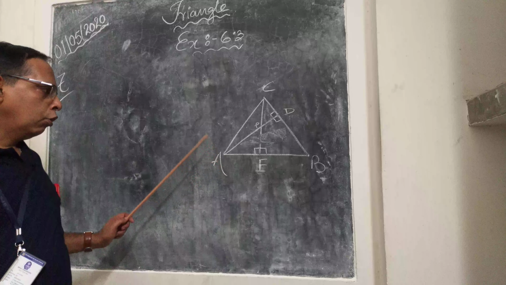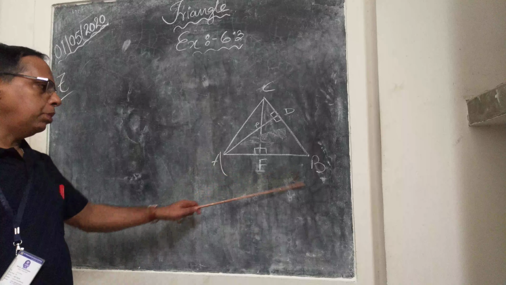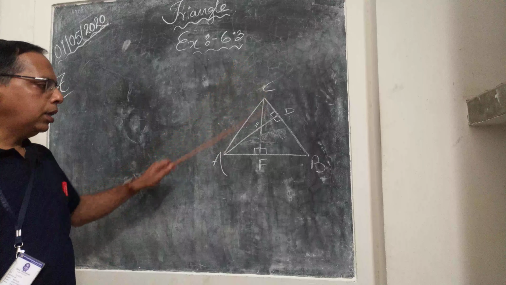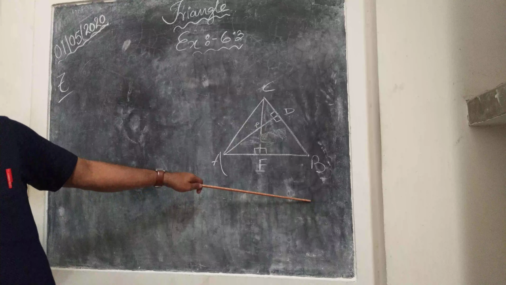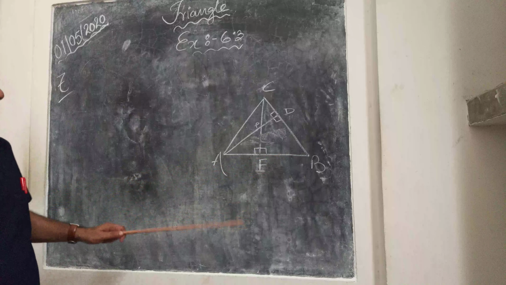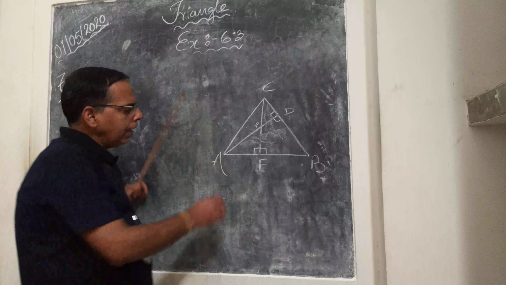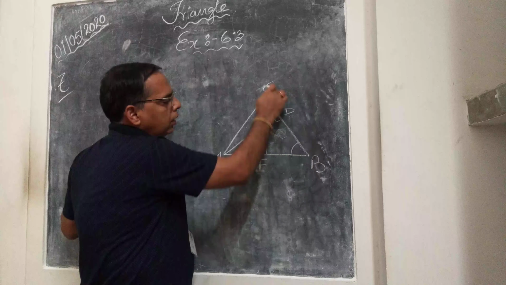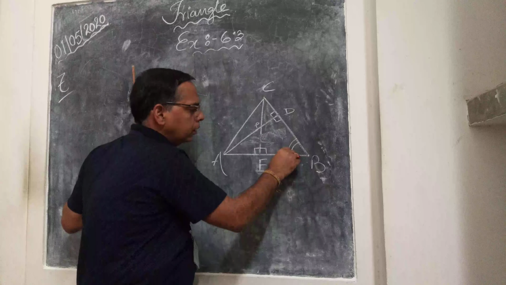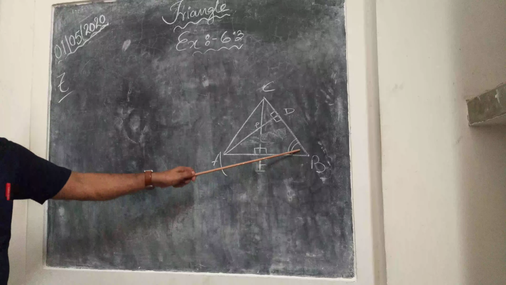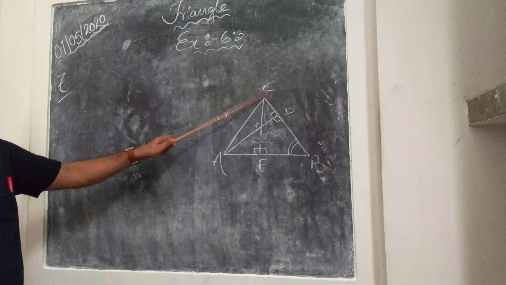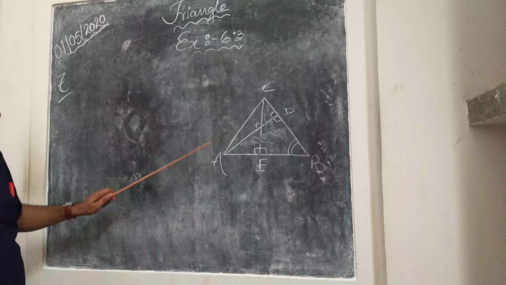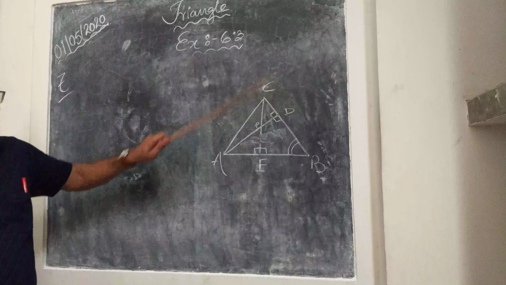Then you see, from triangle ABD and triangle CBE, we get angle ABD equal to angle CBE. Yes or no? See, this is common. Angle CBE and angle ABD.